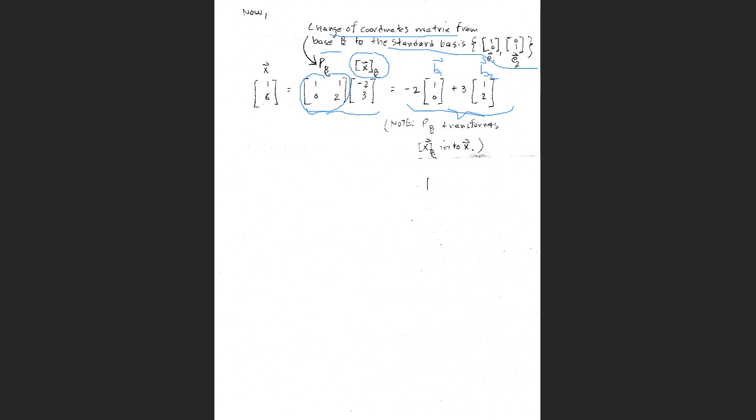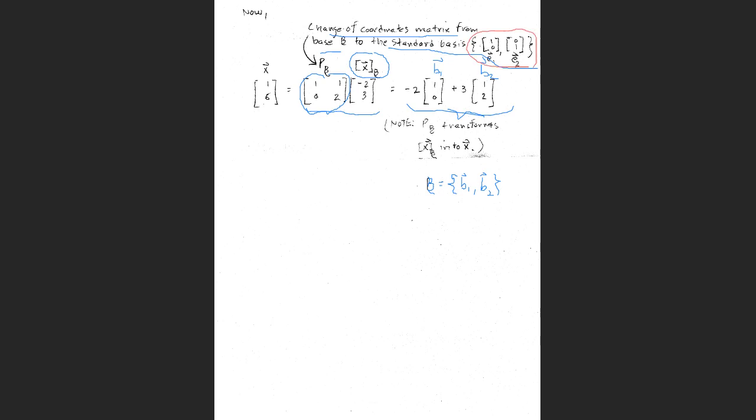The script B is equal to the set of vectors b1 and b2, and b1 and b2 form a basis for R2, just like the standard basis that you all know and love.